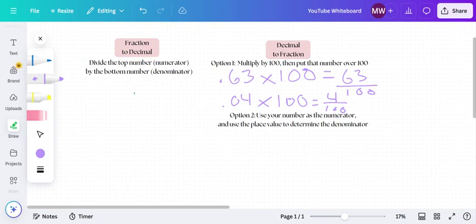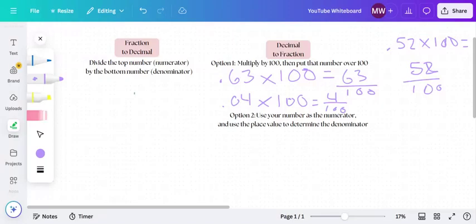It's not in simplest form, but it is the fraction form of 4/100ths. Another example we can do would be 0.52. Multiply that by 100. That gets us 52. And then we put 100 as our denominator to create our fraction.